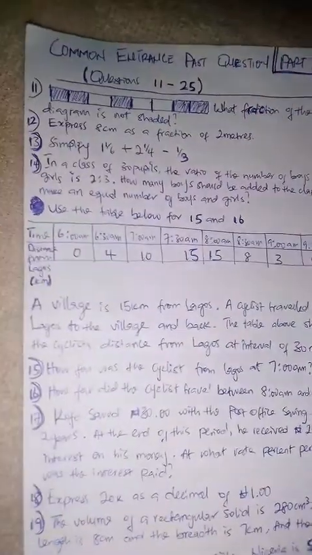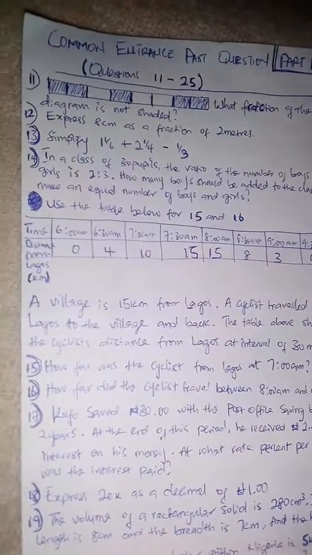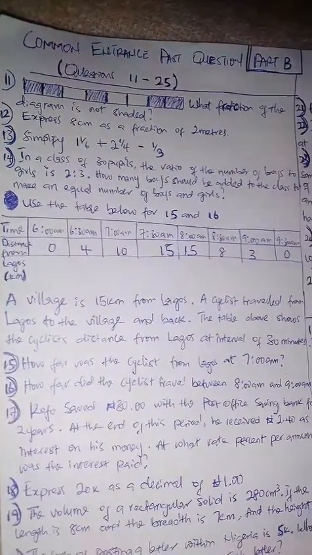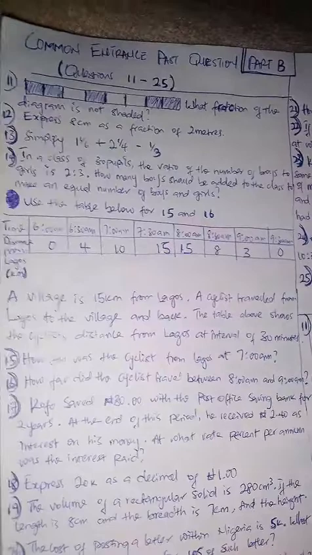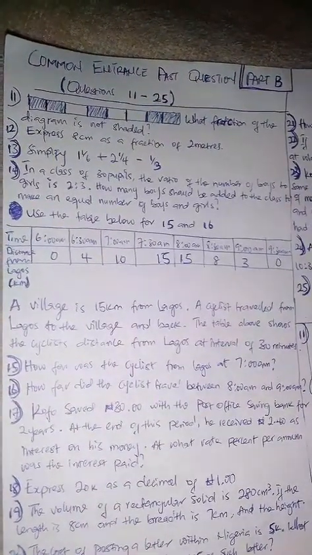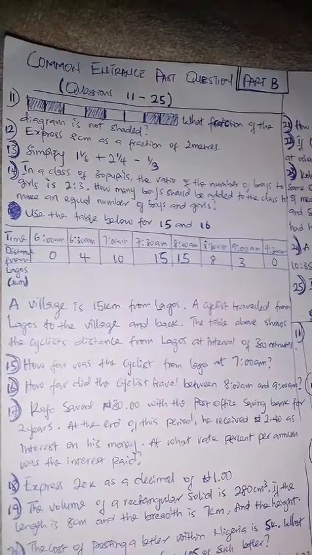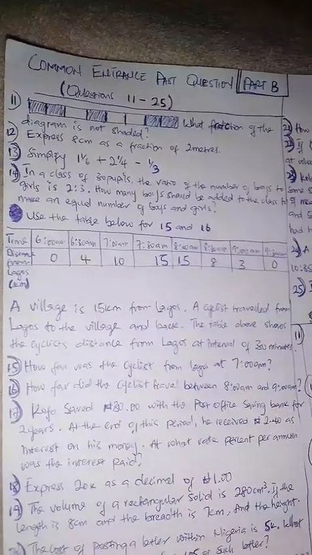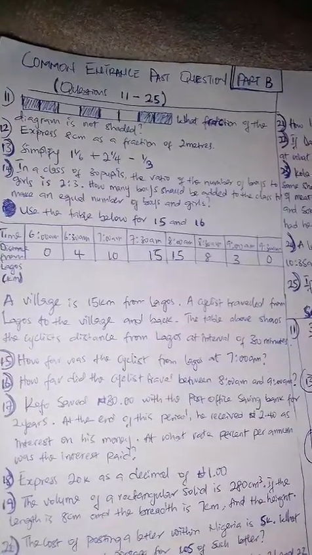Number 17 question says that Kofo saved 13 naira with the post office saving bank for 2 years. At the end of this period, he received 2 naira 40 kobo as interest on his money. At what rate percent per annum was the interest paid?